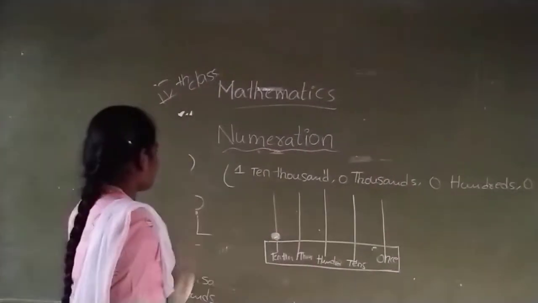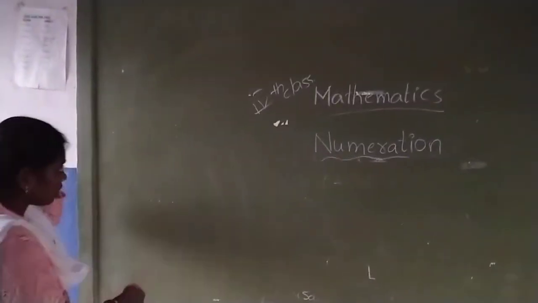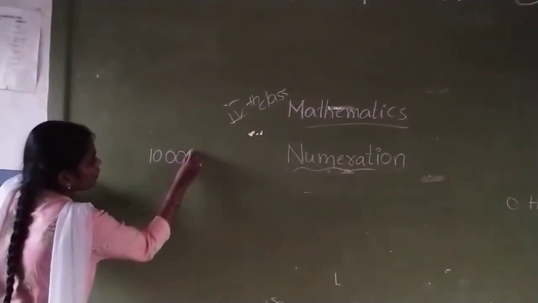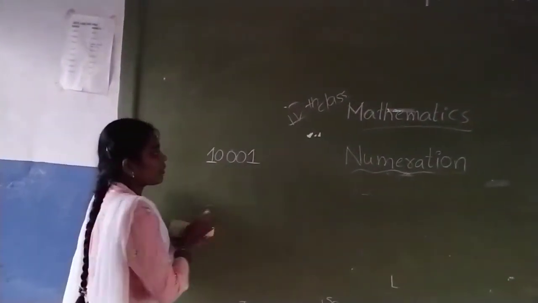Let's try to read numbers after 10,000. This is 10,001.